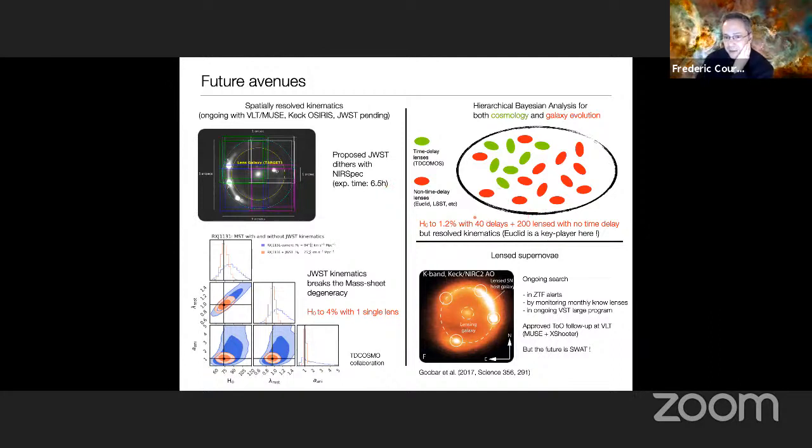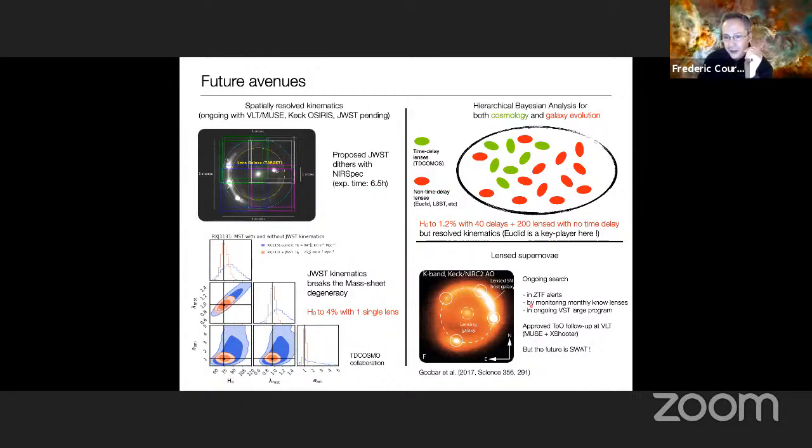If you combine 40 lenses with time delays with 200 lenses with no delays but kinematics, then again you reach H0 to 1%, in a quite different way than with the James Webb kinematics. So these two things are quite complementary.